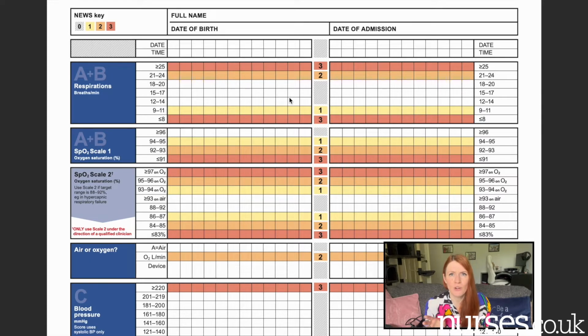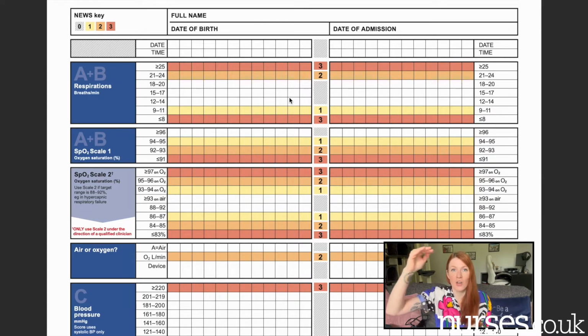And don't get me wrong, I don't fully agree with the scores of this, because I've seen someone very drastically drop from a respiratory rate of 18 to 12 to 9. And if I was just to go by her respiratory rate, she would only be scoring a 1. So I would have had to leave her and come back.